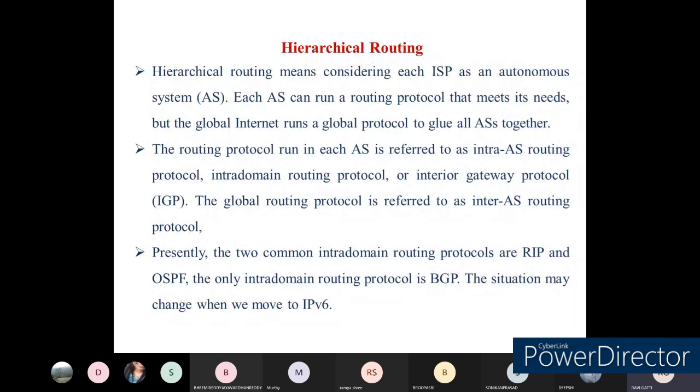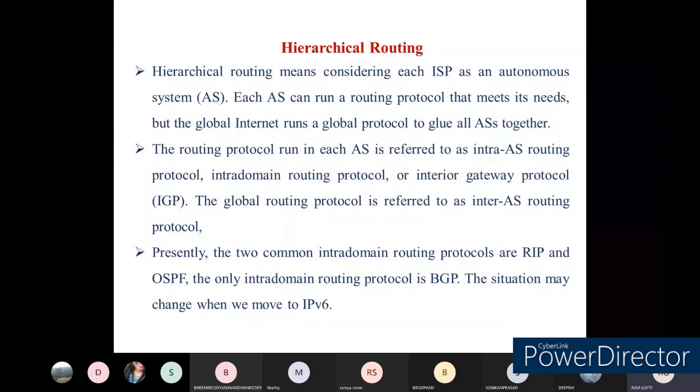These routing protocols will meet their needs, but the global internet runs on a different one. The internet service provider will use its own routing protocol in order to meet the design requirements of its individual routing. That is why we use this hierarchical routing algorithm.